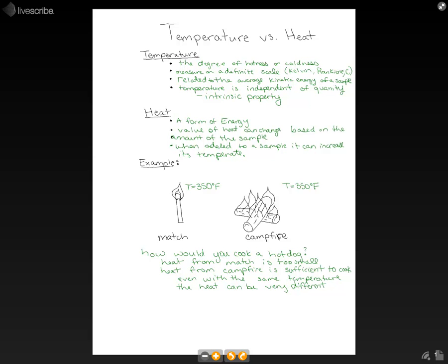So just overall, you can see that temperature is a physical intrinsic characteristic.